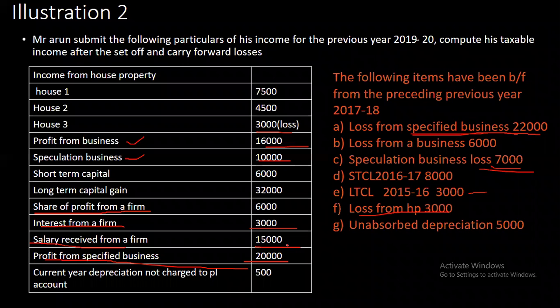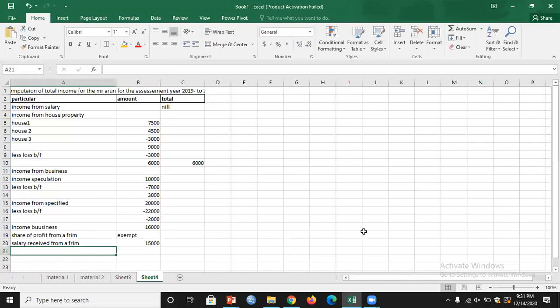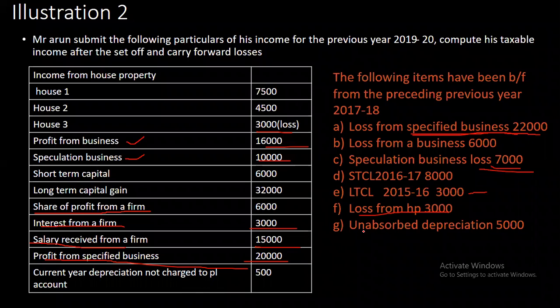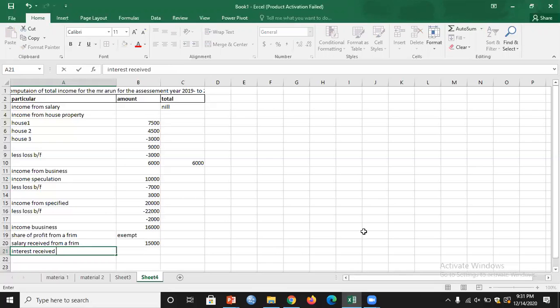Then we have interest received from a firm, the amount is 3,000 rupees, so put the 3,000 there. Okay, 50,000 is added, 3,000 is added.